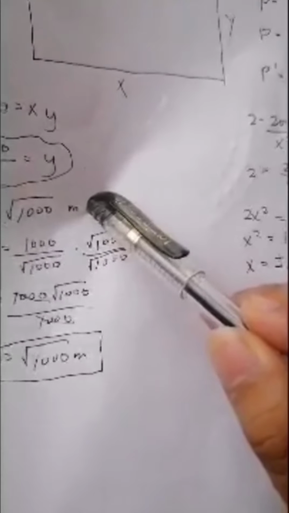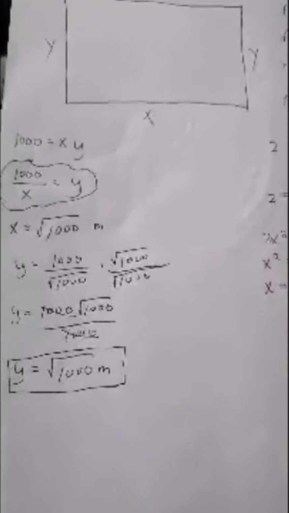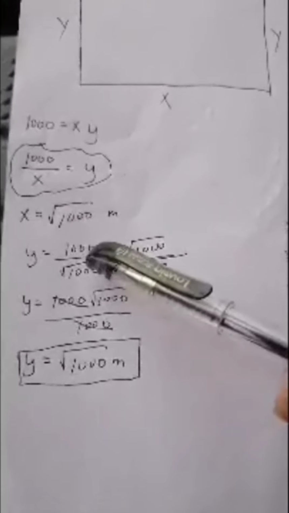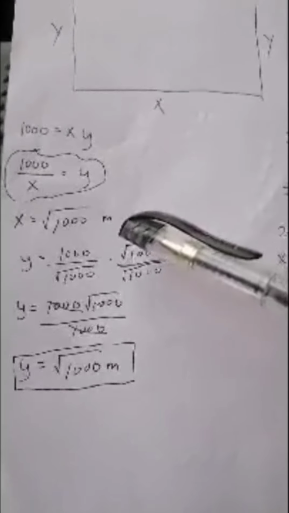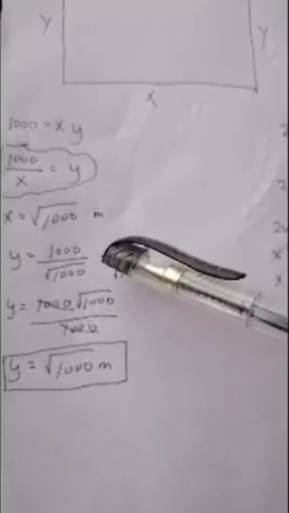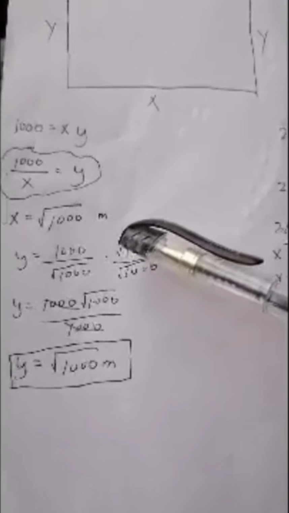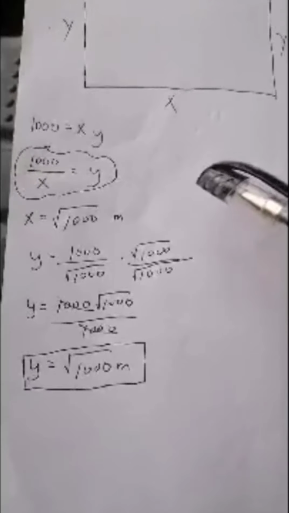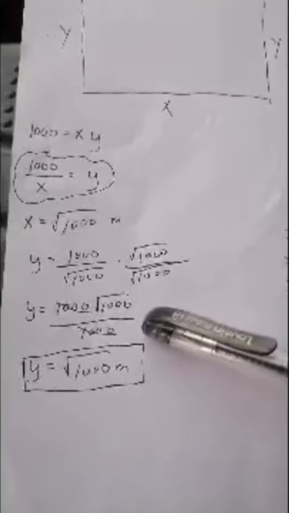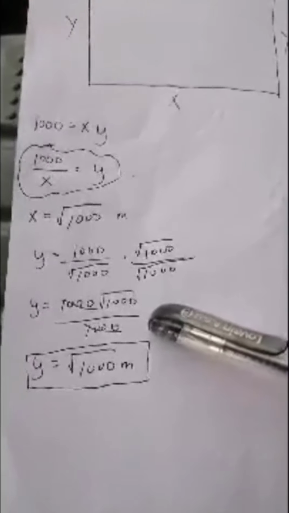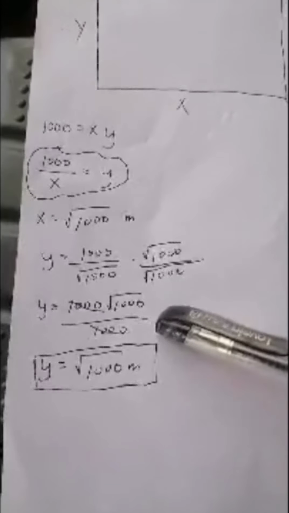Now we need to know what y is. Y is equal to 1,000 over the square root of 1,000. If we rationalize the denominator, we get y equals 1,000 times the square root of 1,000 over 1,000.